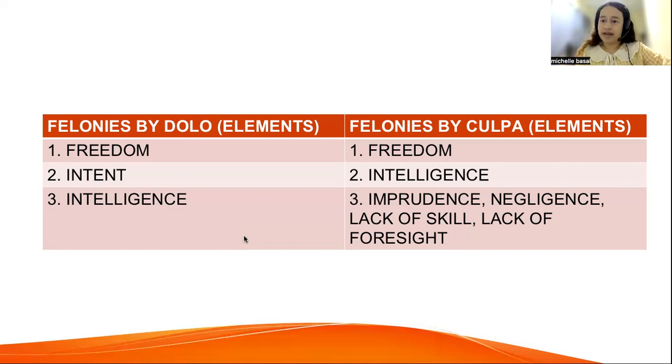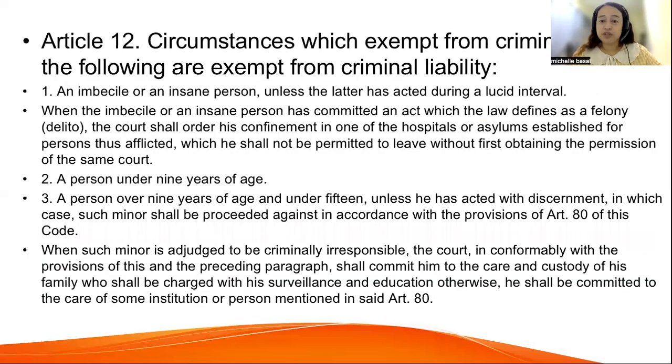So take note of that. That's why we have exempting circumstances. These exempting circumstances, of course, include number 1, insanity or imbecility. Number 2 and 3, minority.